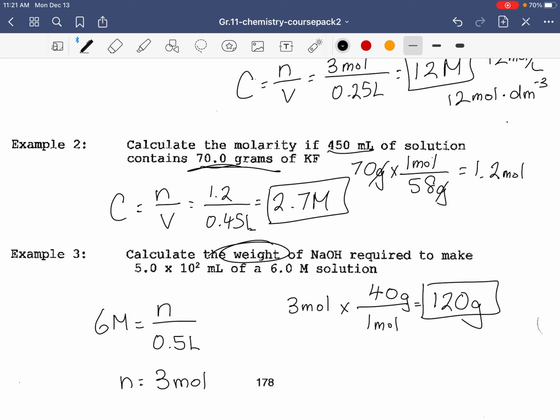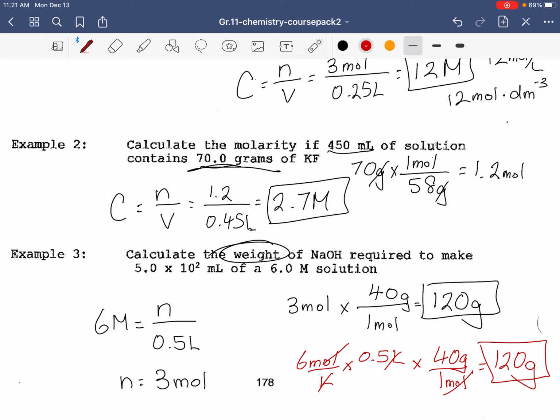You guys should get used to doing this. 6 moles per liter times 0.5 liters. Liters cancel. And what you want is mass, right? So 1 mole is 40 grams. So moles cancel. And of course, you will definitely get the same answer without looking into a formula.